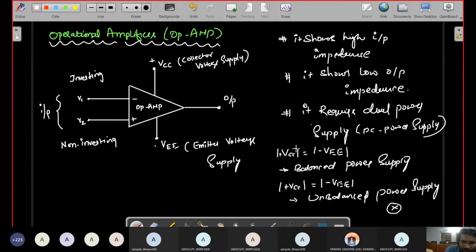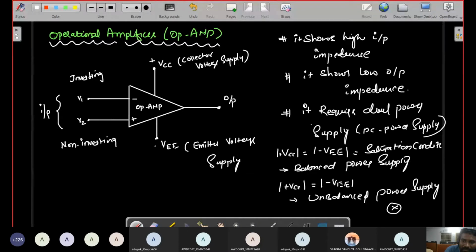If plus VCC and minus VEE are both given the same value, meaning plus VCC is equal to minus VEE, then only the output voltage will be saturated. So this condition is called saturation condition.